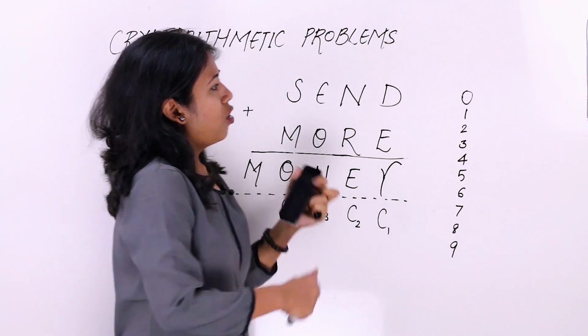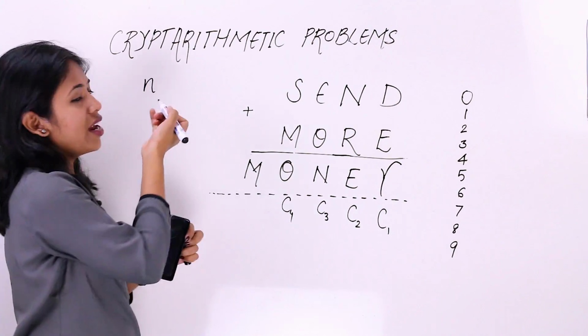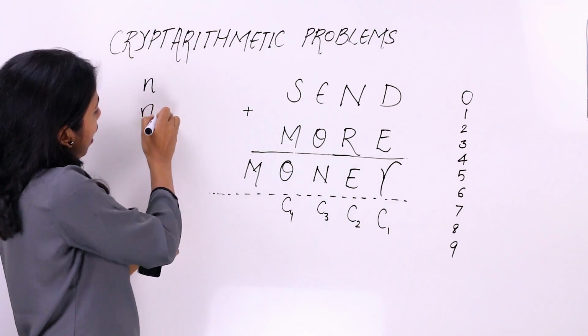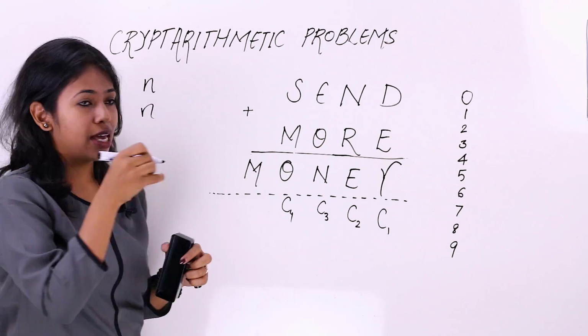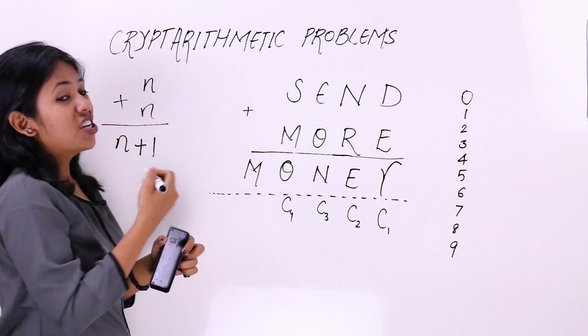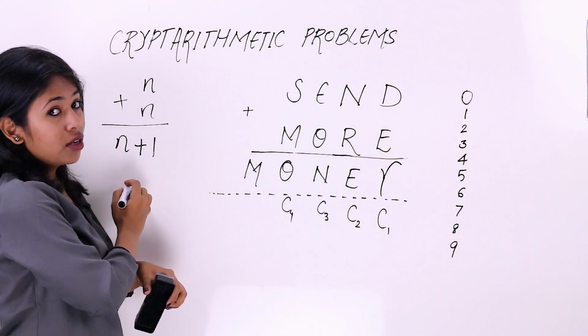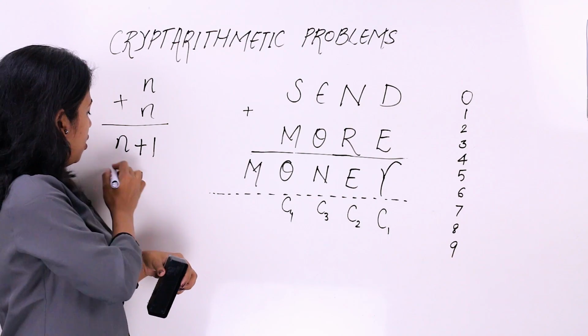If you remember, we already spoke about one rule, which is if there is a number with n digits and another number with n digits again, and if you add these and you get a result which has n plus 1 digits, then the leftmost digit happens to be 1, right?